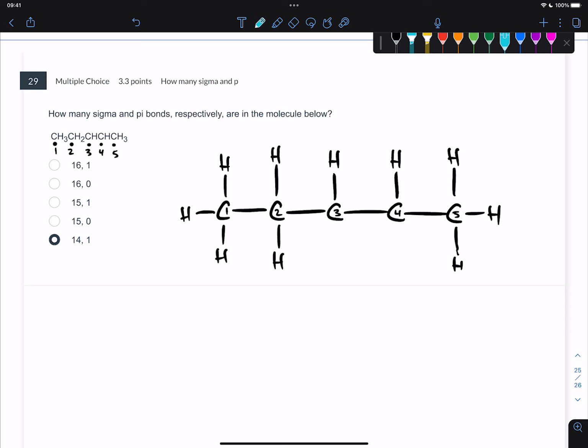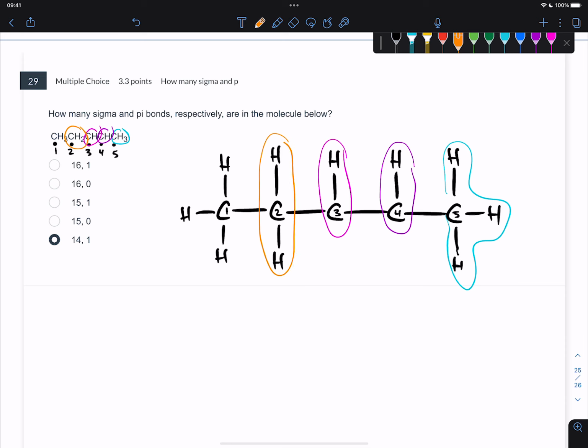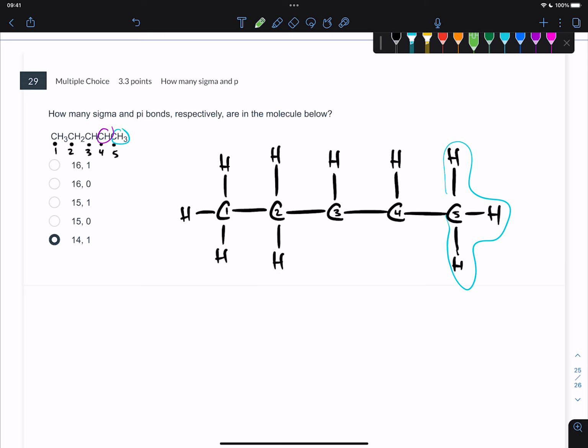If it helps, trace these out and see, okay, those are those, and this is that one, and this carbon with its 2 hydrogens is this one, and this end cap carbon with its 3 hydrogens is that one. So all those colors hopefully make some sense.